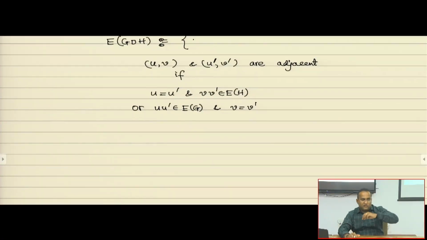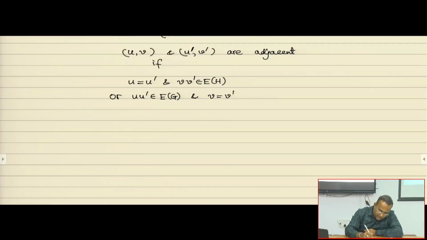So what is the meaning of this? Let us try to have P2, and if you take G and H the same, then how will it look? What will be the Cartesian product? Let us say this is G, this is H, then it will look like this.